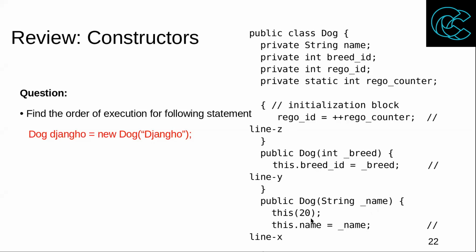Within this constructor, you are calling the other constructor. So 1, 2, and at this particular line, it will go back to line Y, and then line X would get executed. So it's line Z, Y, and X. So that should be the order. But like I said, you can try this out on your laptop and check it as well.